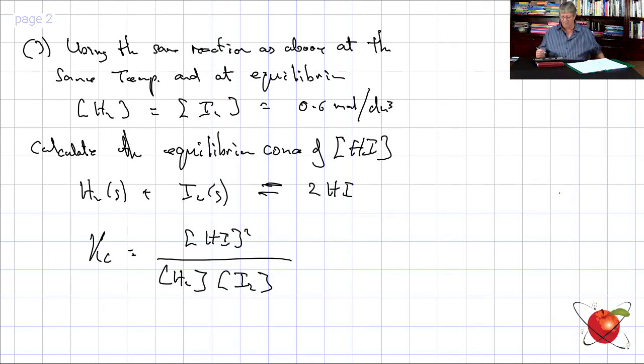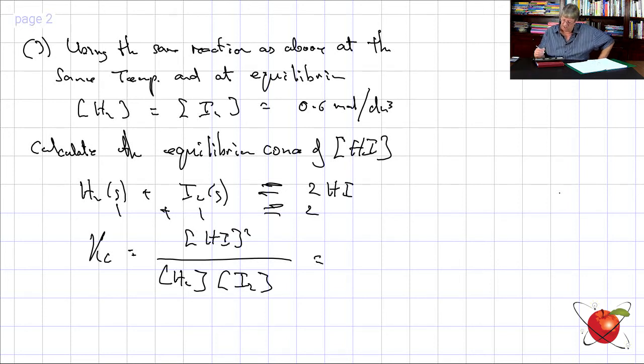The ratio of forming 1 to 1 to 2 must always be preserved, 1 to 1 to 2. It's not necessary that the concentration of H2 and I2 at equilibrium must be the same. The concentration of the products that you make must be in the mole ratio.